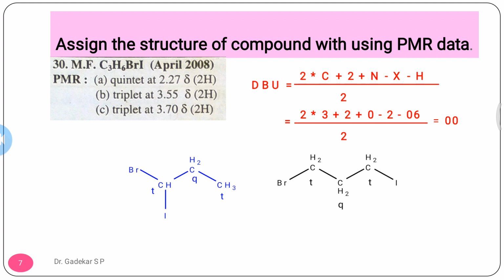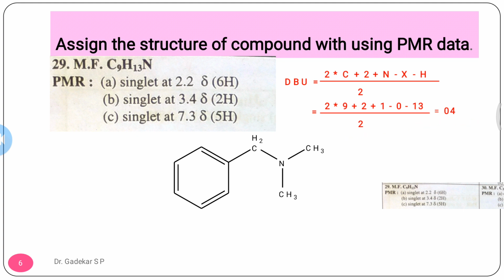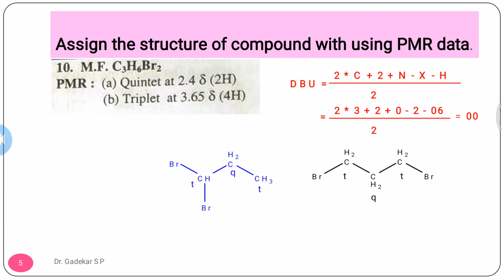Okay, so this example is similar to C3H6Br2. Okay, 2 Br, the same electronegative atoms, that's why 2 CH2 groups are chemically equivalent and it gives 2 sets of protons and 2 signals.